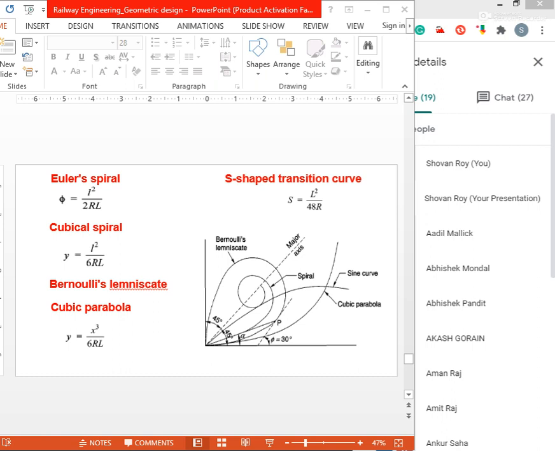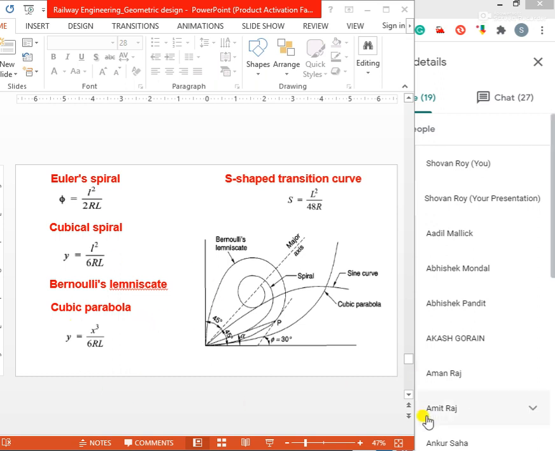Then Bernoulli's lemniscate: in this curve, the radius decreases as the length increases, and this causes the radial acceleration to keep on falling. The fall is however not uniform beyond a 30-degree deflection angle. This curve is not used on railways, so not necessary. Cubic parabola: Indian Railway mostly uses the cubic parabola for transition curves. The equation of the cubic parabola is y equals x cube by 6RL.